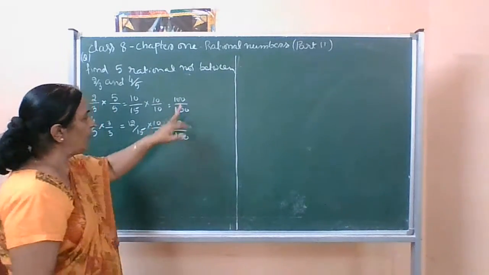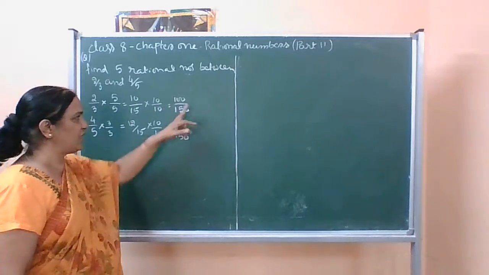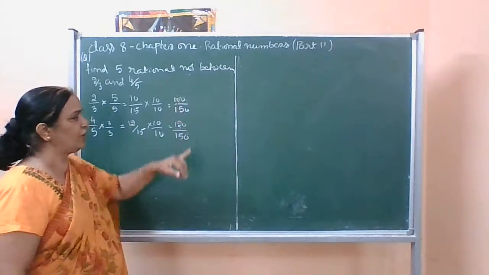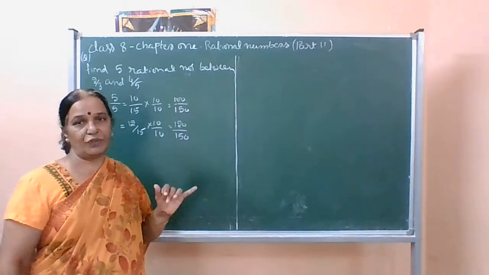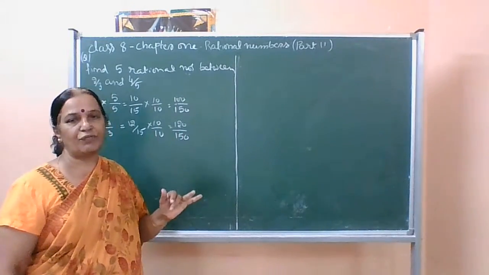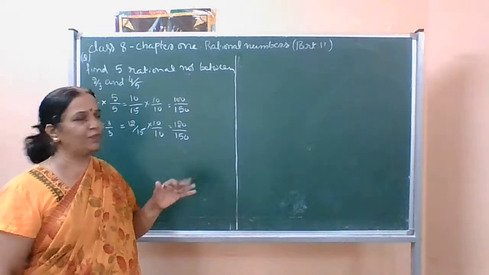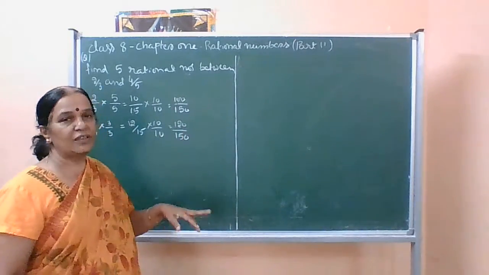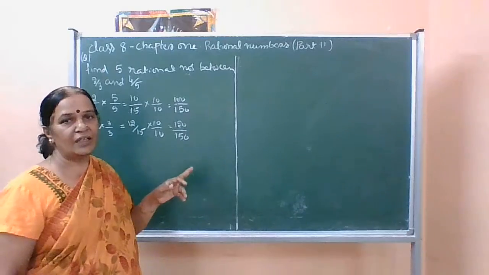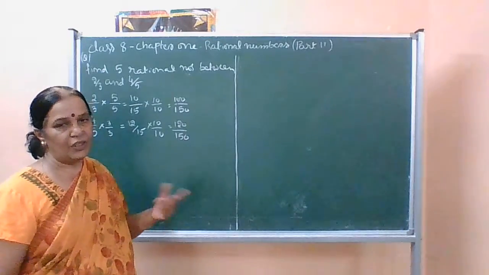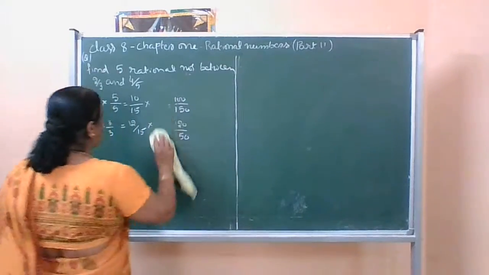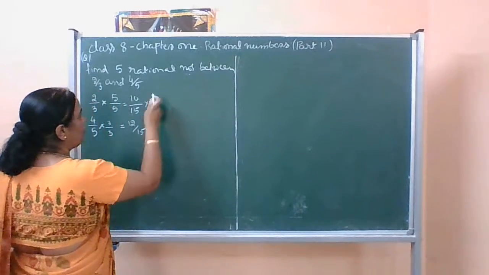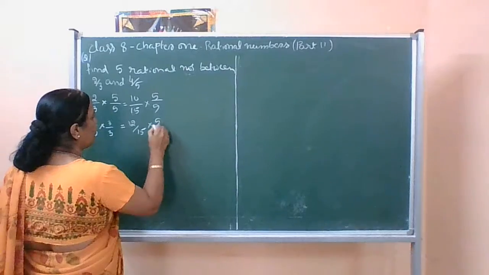Here you can find 19 rational numbers in between these two: 101 by 150, 102 by 150, 103 by 150, like that till 119 by 150.